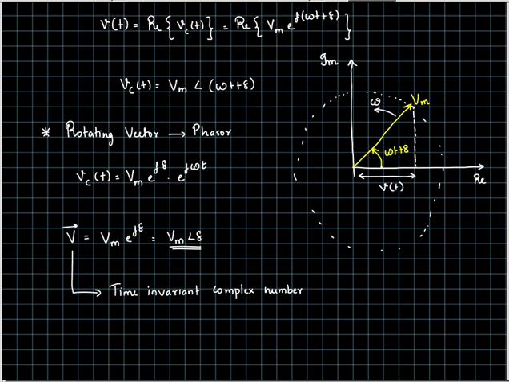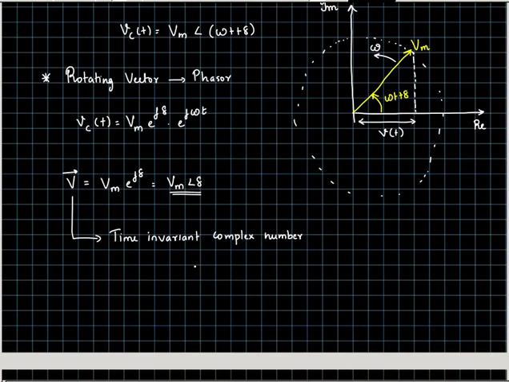If you plot it in the two-dimensional plane, it is no longer rotating, it is stationary, but that is just a representation of the phasor. And if you know this phasor quantity V, then you can always get back the complex exponential signal Vc as V times e raised to j omega t, which will transform it back to the rotating vector formulation.